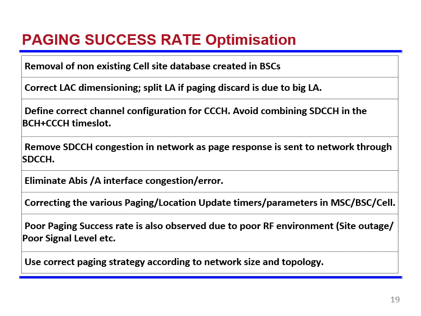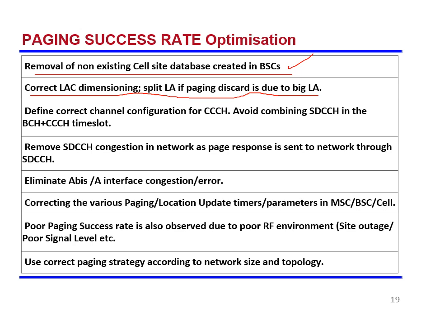If the paging congestion is more, what to be done? Now, removal of non-existing cell side database in the BSCs is one thing. Correct LAC dimensioning, split LA if paging discard is due to a big LA.